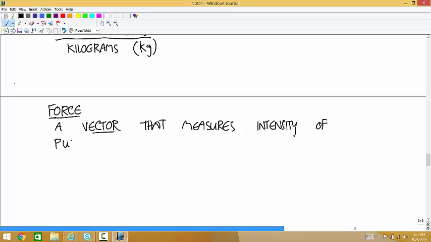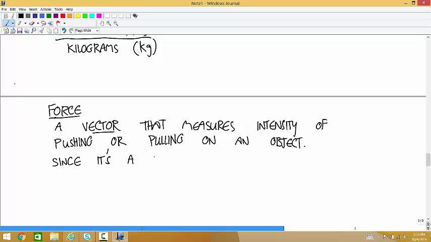The intensity of pushing or pulling on an object. Since it's a vector, force has direction. Mass doesn't.